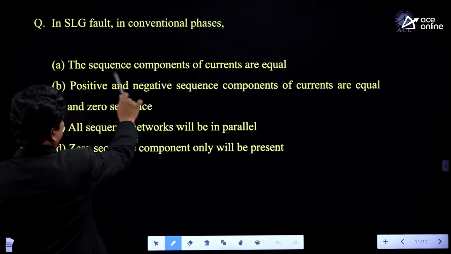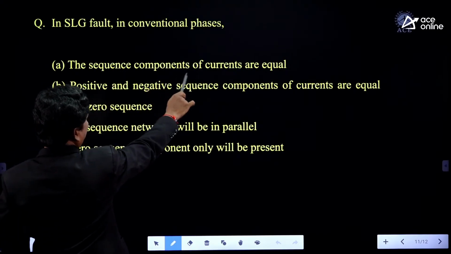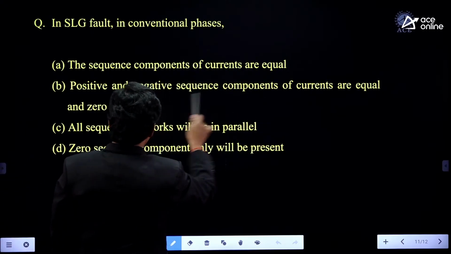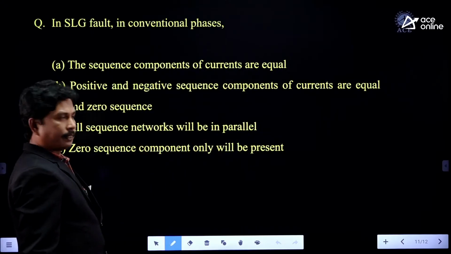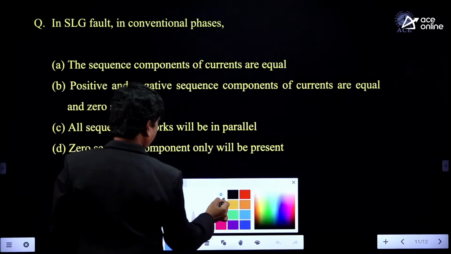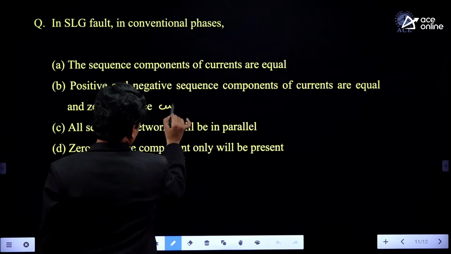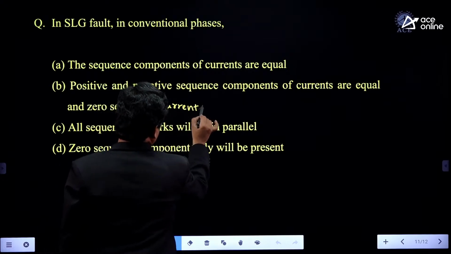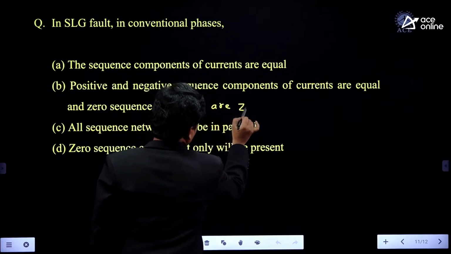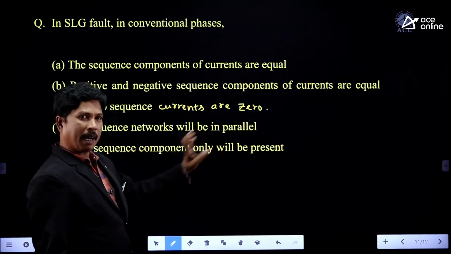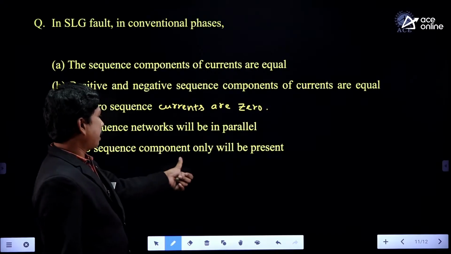So the sequence components of currents are equal. Positive and negative sequence components are equal and zero sequence currents are 0. And all sequence networks will be in parallel, no. So zero sequence component only will be present.